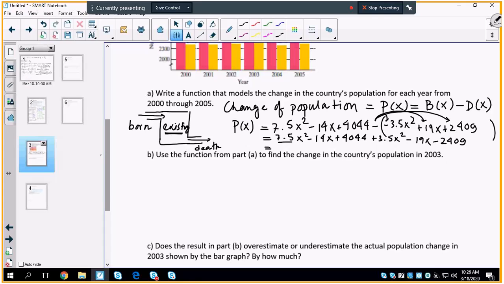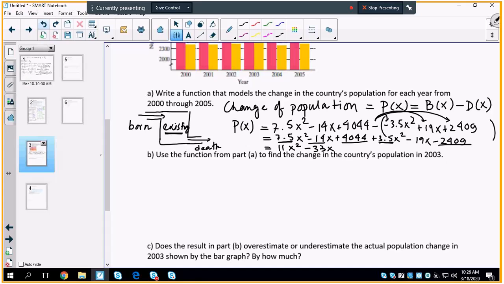So we'll combine the like terms. 7.5 and 3.5 together is 11x squared, minus 14 minus 19 together is minus 33x. I'm sorry, x. And then plus 4044 minus 2409.